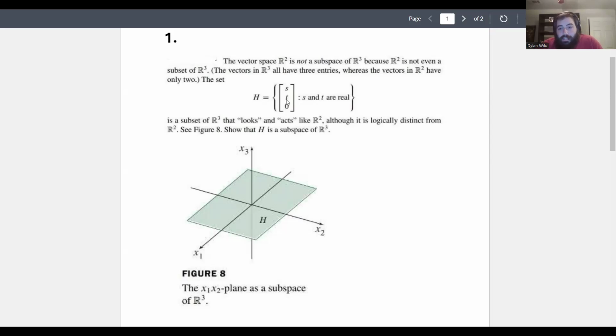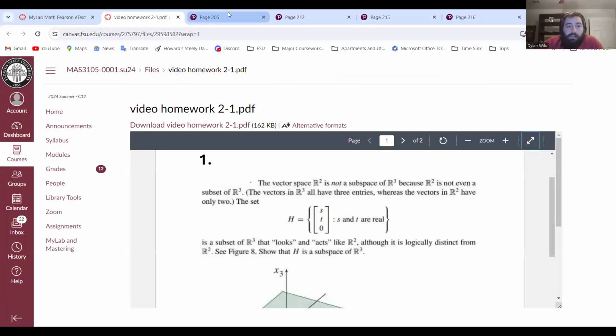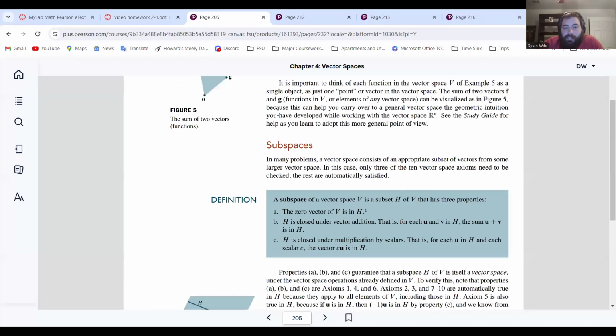Well, to say it's not a subspace of R3, you can go to some of the reference material I pulled up. To be a subspace, you have to meet 3 criteria. The first of which is it has to contain the 0 vector, which means it has to go through the origin. Additionally, H is closed under vector addition.